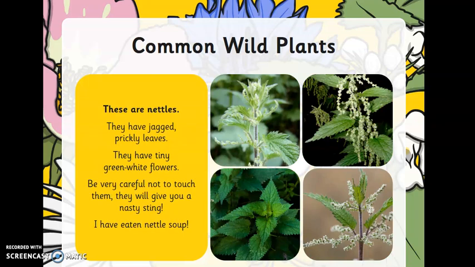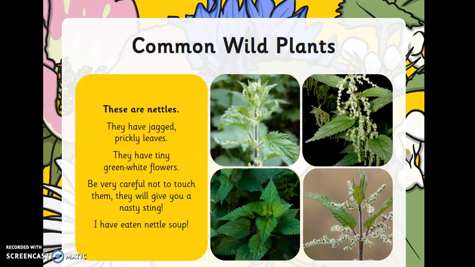Nettles. They have jagged, prickly leaves and tiny green-white flowers. Be really careful not to touch them because they will give you a nasty sting. Ouch! If you do get stung, you have to try and find a big dock leaf and spit on it, and the spit and the leaf rubbed into your nettle sting really helps.